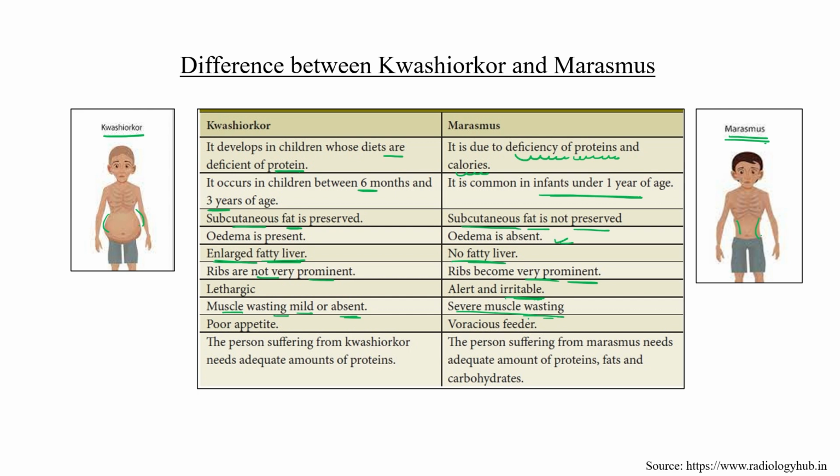In Kwashiorkor, poor appetite is seen; in marasmus, they are voracious feeders. A person suffering from Kwashiorkor needs an adequate amount of protein. A person suffering from marasmus needs adequate protein, fat and carbohydrate, all three, while Kwashiorkor mainly needs protein.